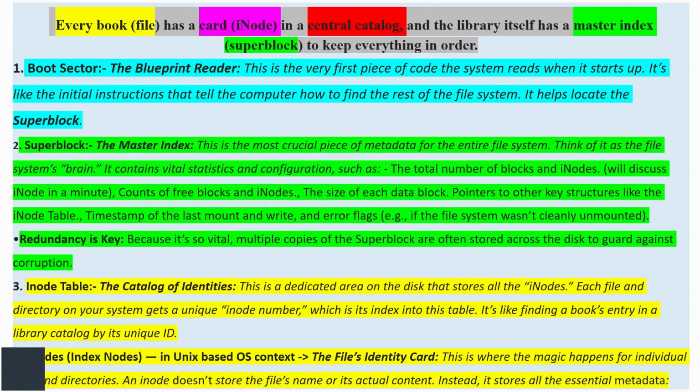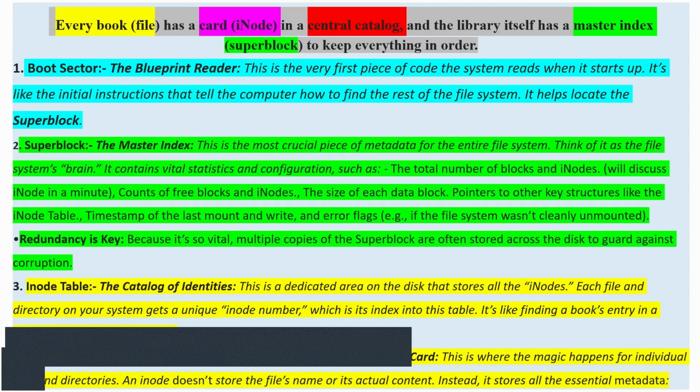In the file system, we need to understand the concept of inode and superblock. Let's first try to understand it using a book. Every book or file has a card, right? So file means a book, and inode means a card in a central catalog.